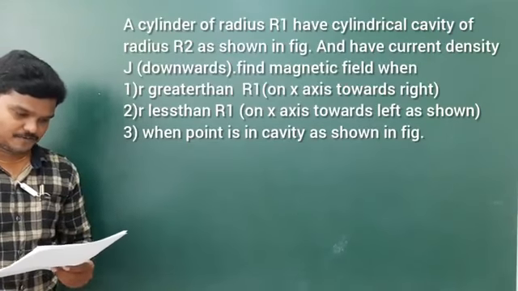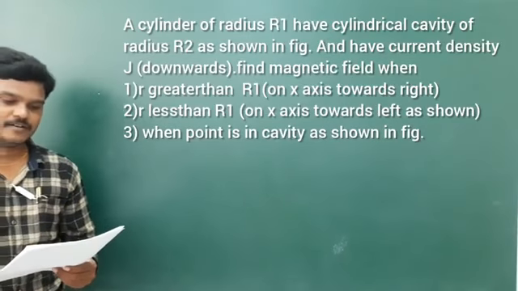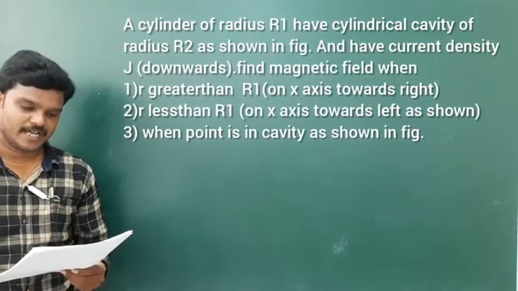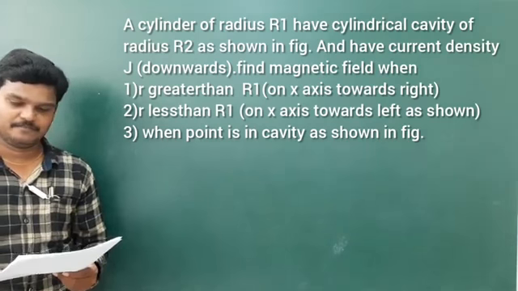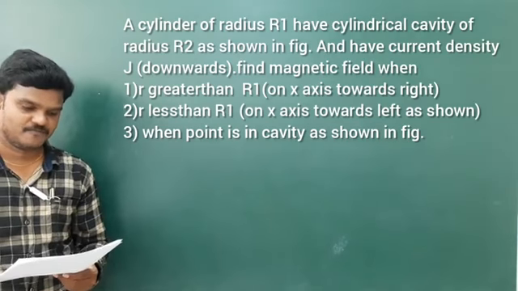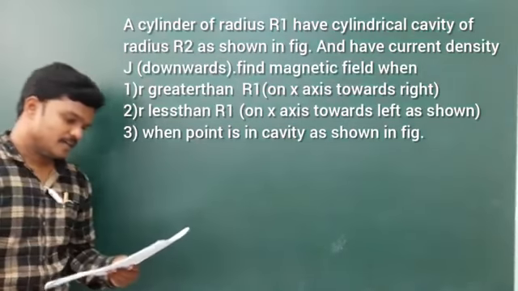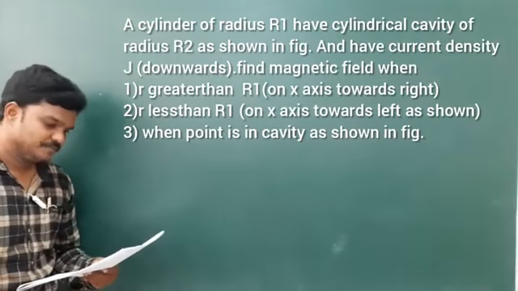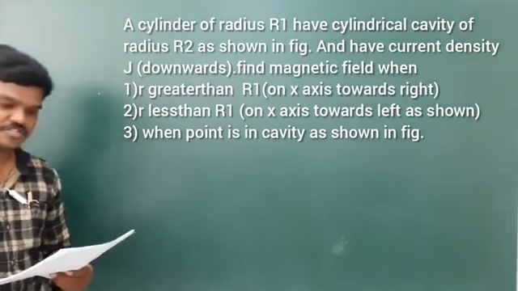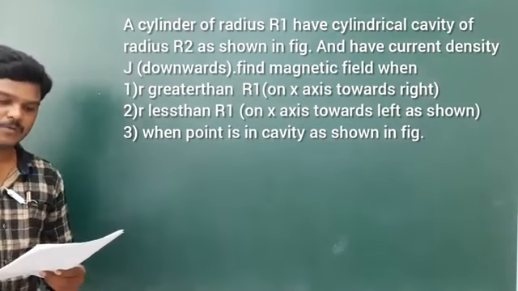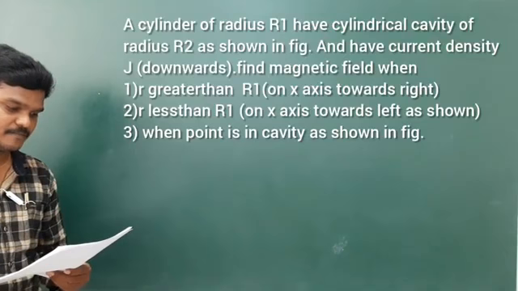A cylinder of radius capital R1 has a cylindrical cavity of radius R2 as shown in the figure and has current density J downwards. Find the magnetic field when small r is greater than capital R1 on the x-axis towards the right. Second, small r less than R1 on the x-axis towards the left, as shown in the figure.